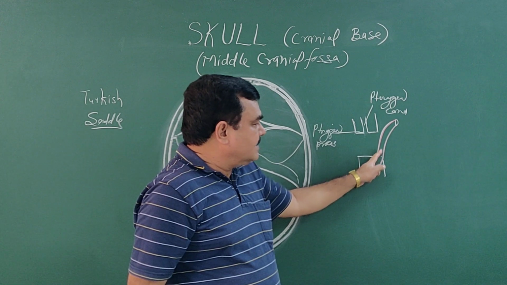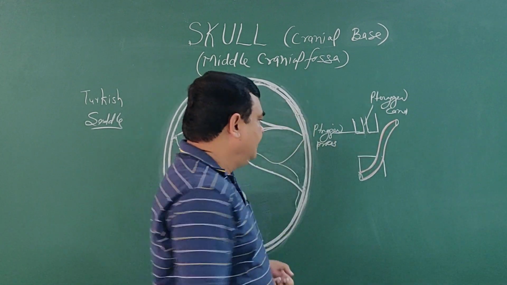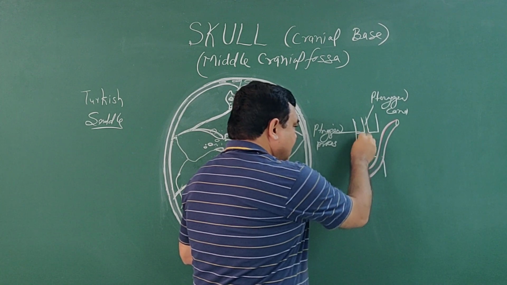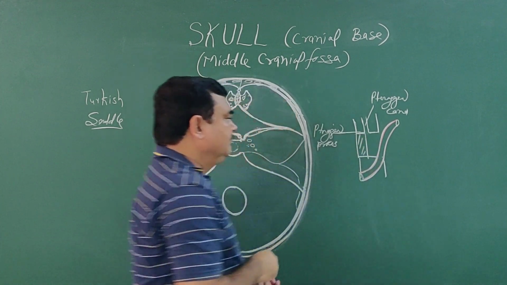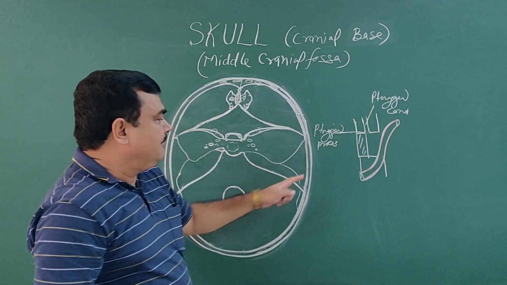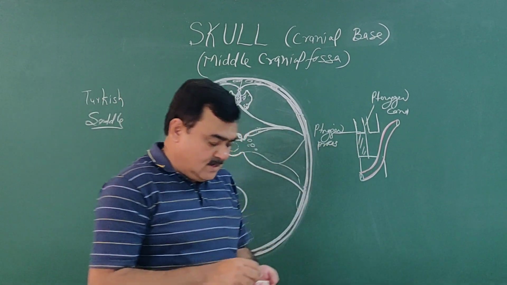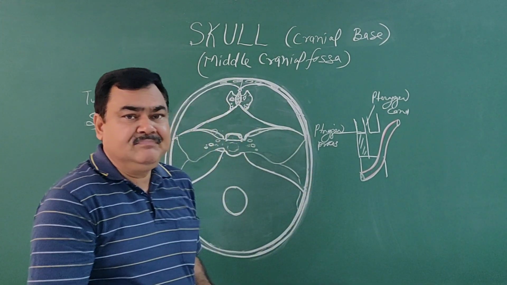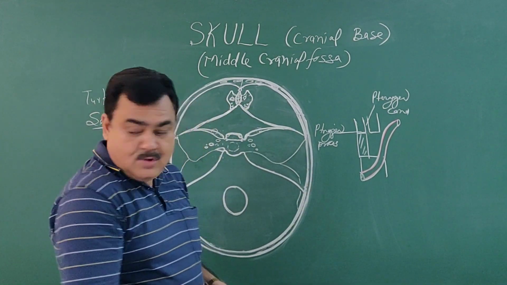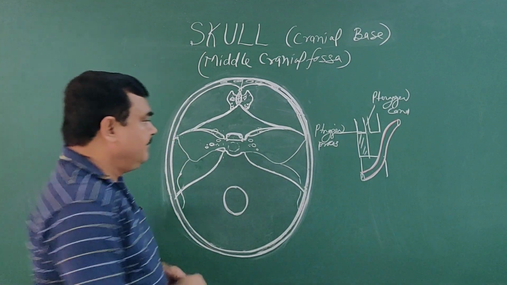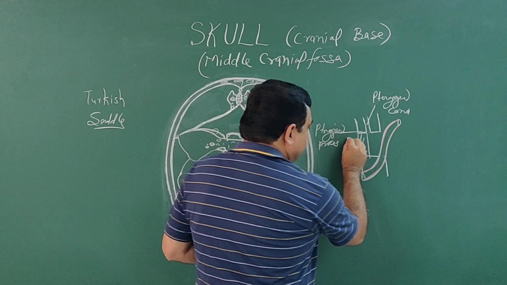In the upper part it passes and goes like this. And here cartilage is present. This is cartilage. The foramen lacerum is closed by this cartilage, and through it one structure, the emissary vein, passes from here.